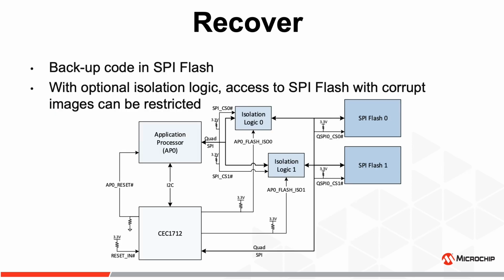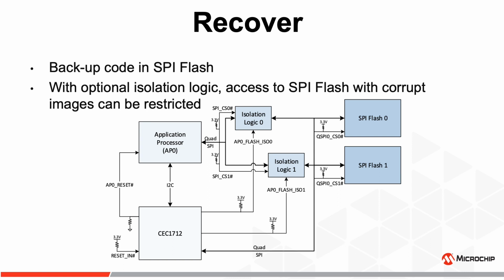Now, in certain cases, we have customers that will require, and this is actually part of the NIST 800-193, to be fully recoverable in the system. If an attack happens in a SPI Flash, it may end up corrupting an entire SPI flash.